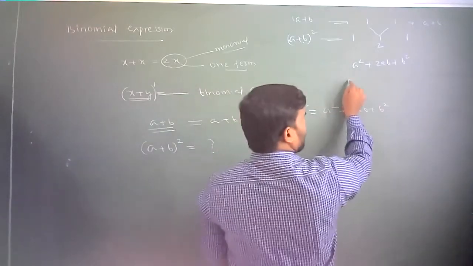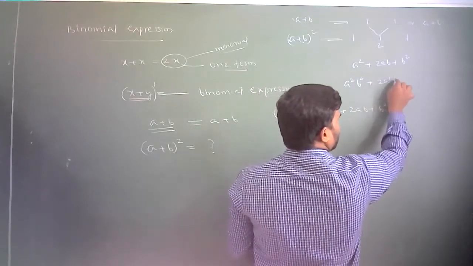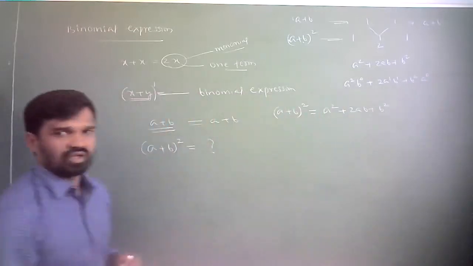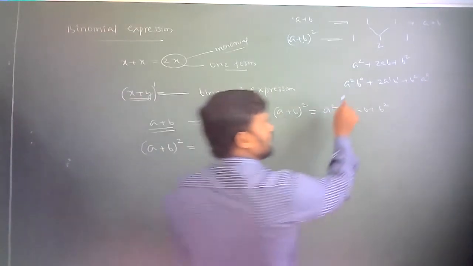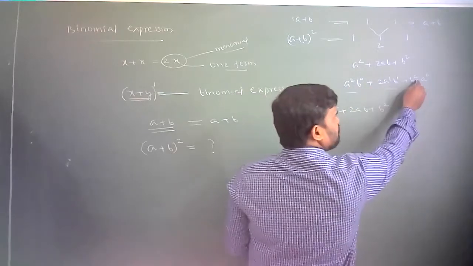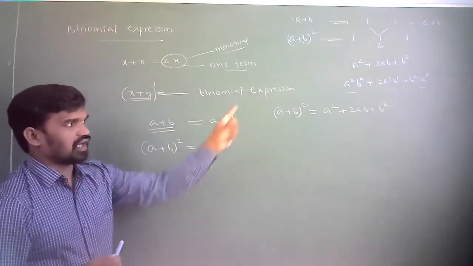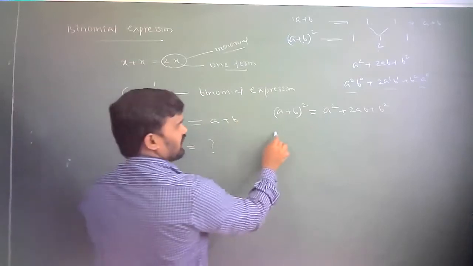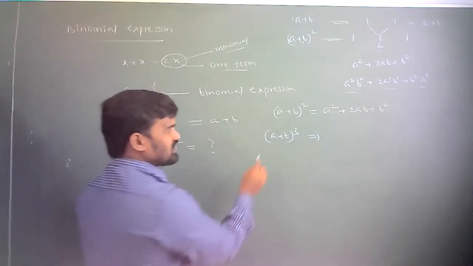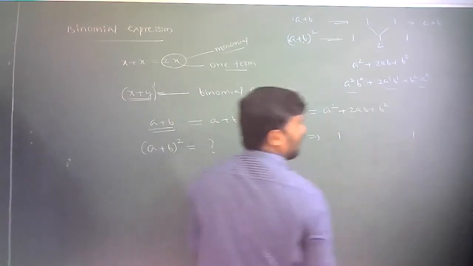This we can also write as a square b power 0 plus 2 a power 1 b power 1 plus b square a power 0. It means that in every successive term, the exponent of a decreases by 1, whereas the exponent of b increases by 1. You observed that. Now take a plus b whole cube. The coefficient of a is 1, the coefficient of b is 1.